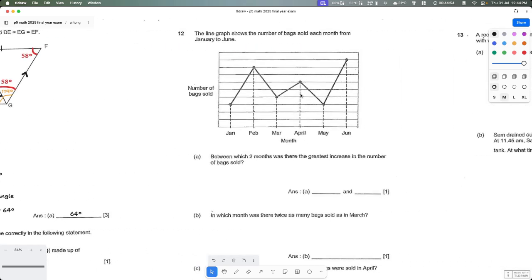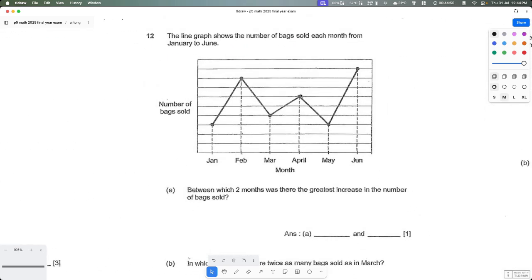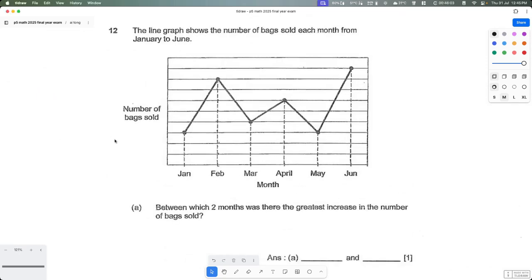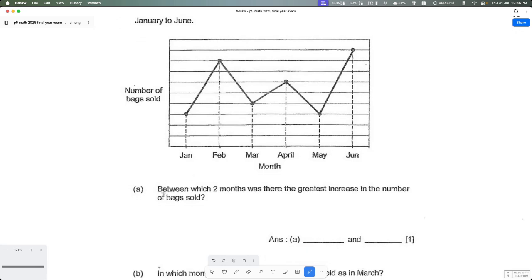All right. Let's move on to question number 12. Okay. Question 12. The line graph shows the number of bags sold each month from January to June. Okay. So between which 2 months was there the greatest increase in the number of bags sold?